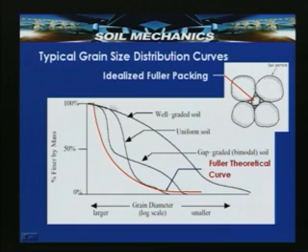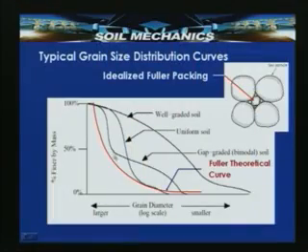This curve, which extends from the left hand side to the right hand side, is named well graded soil, and this curve represents uniformly graded soil. Uniformly graded soil, or poorly graded soil, is a soil that has uniform size particles. Suppose a curve has a kink here, something like this.